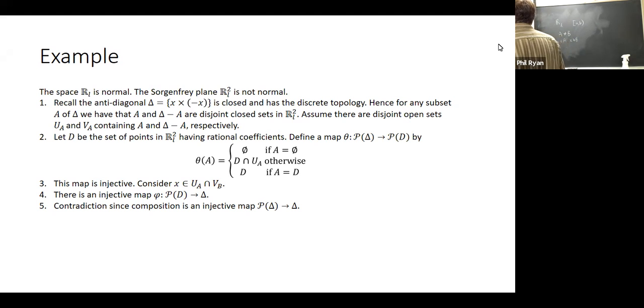Then X is going to be in UA intersected VB, right? Because that's exactly what this means. X being in UA means X is in A. X being in VB means X is not in B.